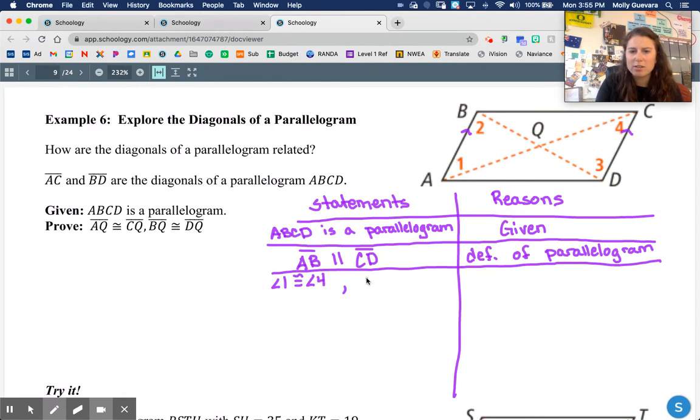And I can also say that angle 2 is congruent to angle 3. And I can say both of those things because of alternate interior angles. Remember, one's on one side of the transversal, one's on the other side of the transversal, and they're both inside the parallelogram. So this is alternate interior angles.